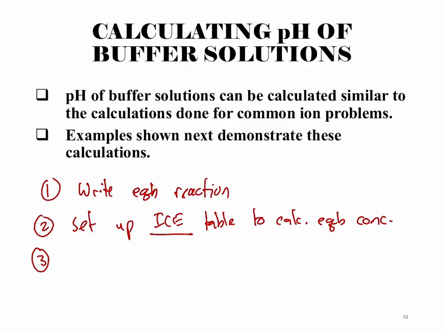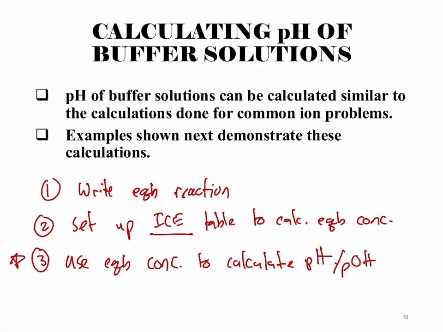And then we use the equilibrium concentrations to calculate the pH, right? And so this again was just an extra step that's added to our generic equilibrium problems, right? It's just using the equilibrium concentration to calculate the pH or pOH.